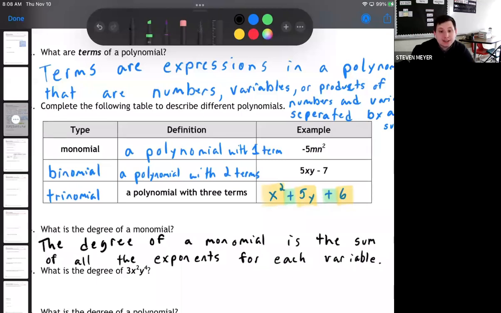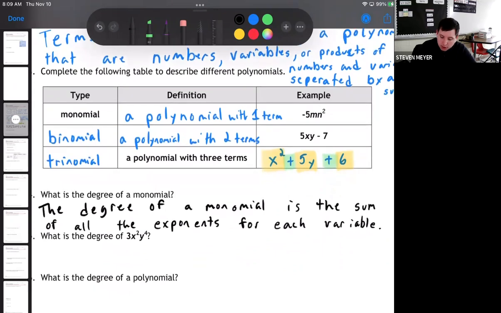So for 3x squared y to the power of 4, x has an exponent of 2, y has an exponent of 4, so we add those two together. So the degree is 6. So I'm going to do 2 plus 4, and then I'll write out the degree is 6. And this is when you're just looking at a single term or a monomial.